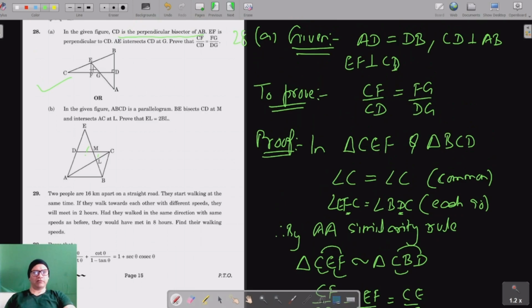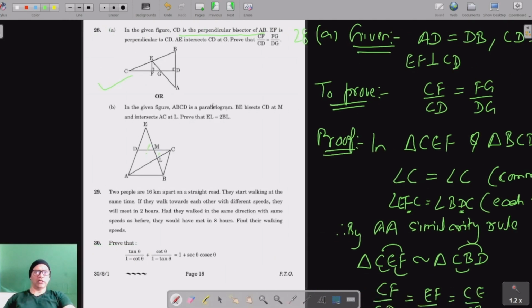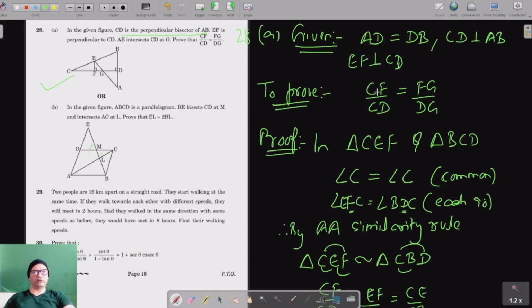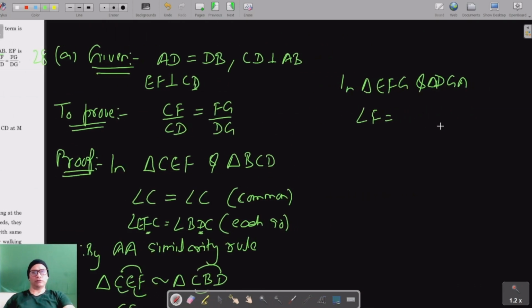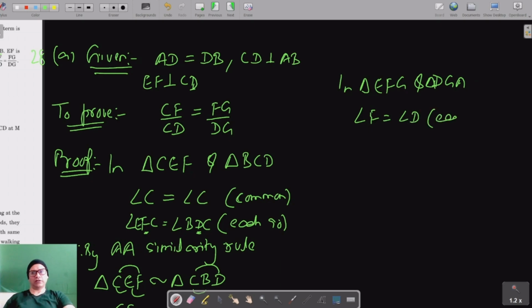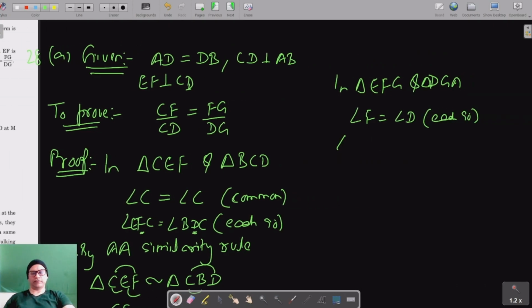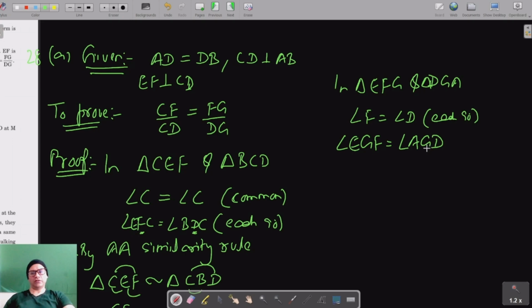Now it's CF by CD, FG. FG is in triangle EFG, so we are going to prove these two triangles similar in triangle EFG and DG. DG is in triangle DGA, so this is triangle DGA. So for these two triangles, angle F is equal to angle D, each being 90 degrees, and angle EGF is equal to angle AGD.